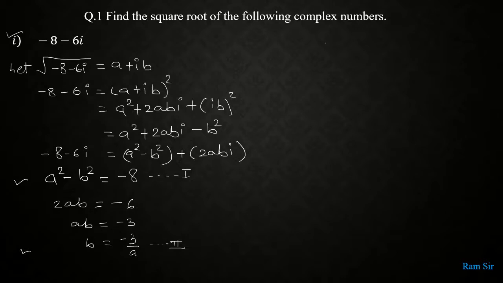So we'll write down from equation number 1 and 2. What we can write down from 1 and 2, sorry, it's not 1 and 3, it's 1 and 2. So we will write down a square minus, instead of b we will write -3 upon a the whole square, which is equal to -8.